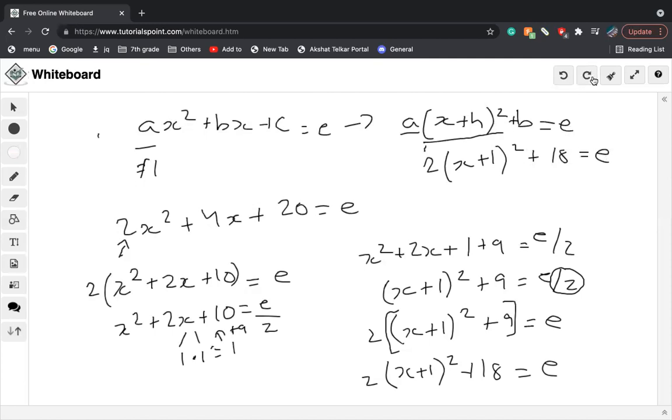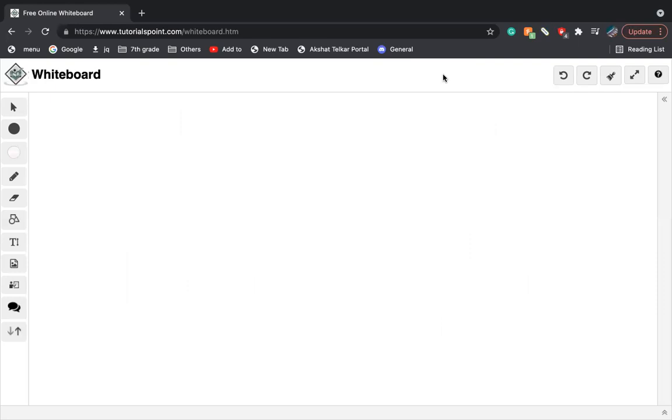Okay. So now that we have practice, I want to have an equation done by you guys. So given the format, or sorry, let's try to switch that up. Okay. So given the format a times x plus h squared, I want to ask that a as a coefficient, right? Plus k equals e. What is k?